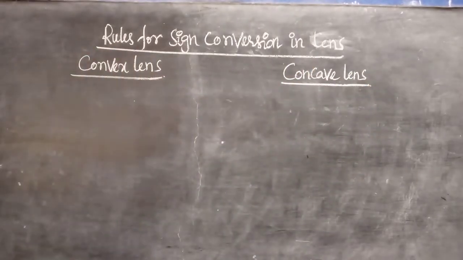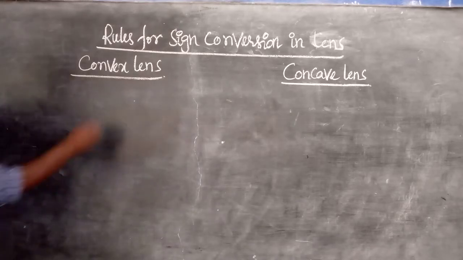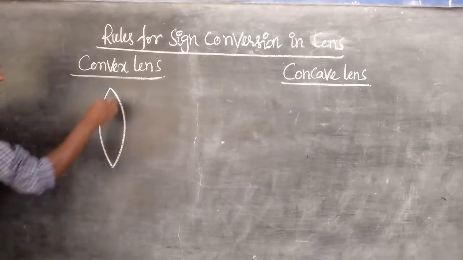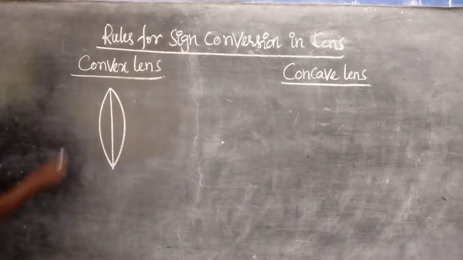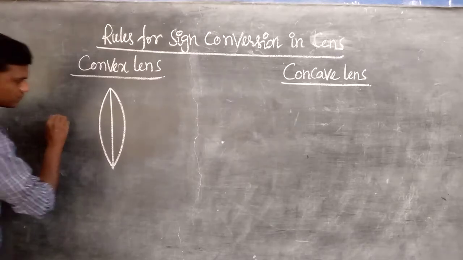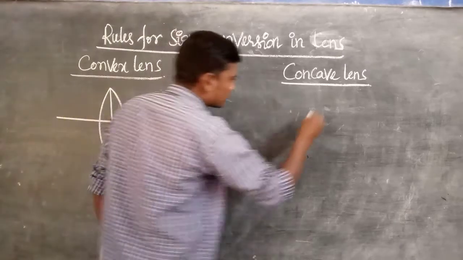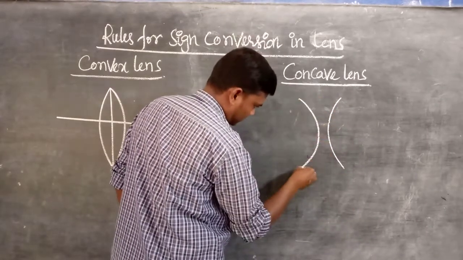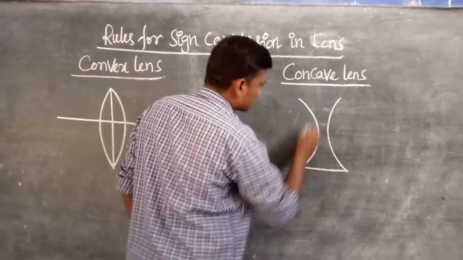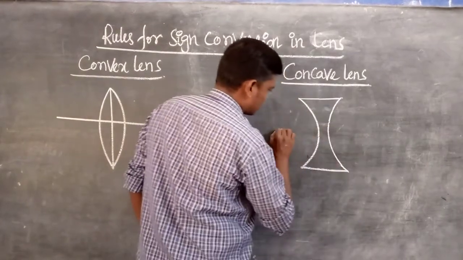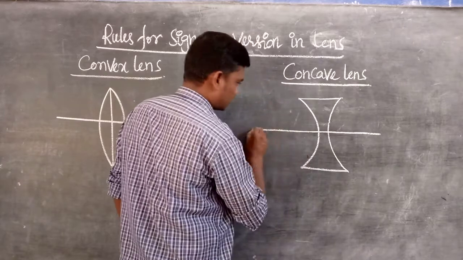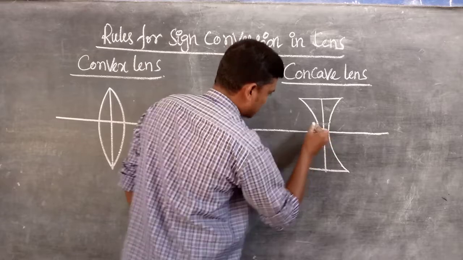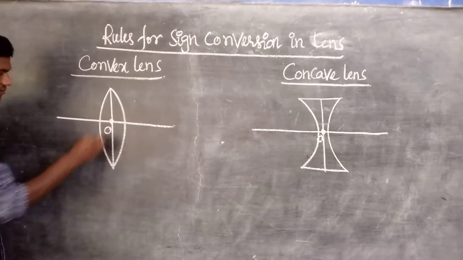One side is convex, another side is concave. Optic center.